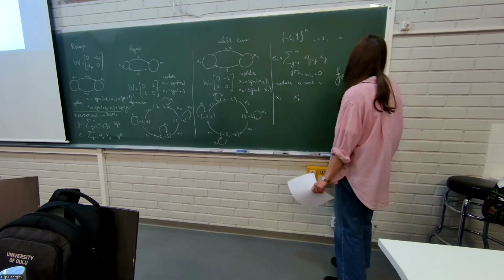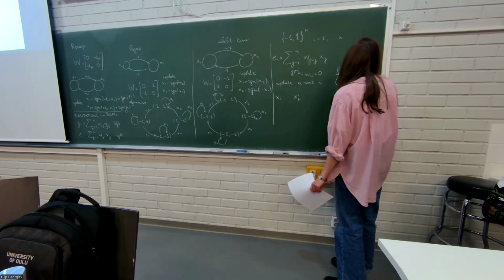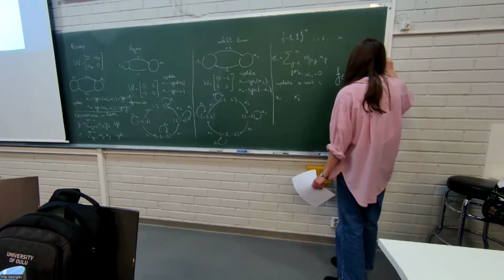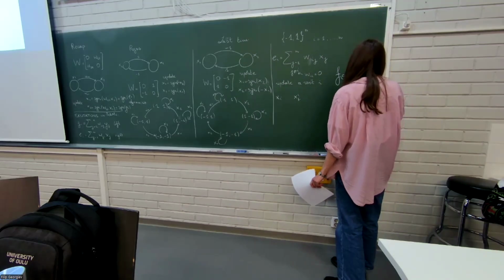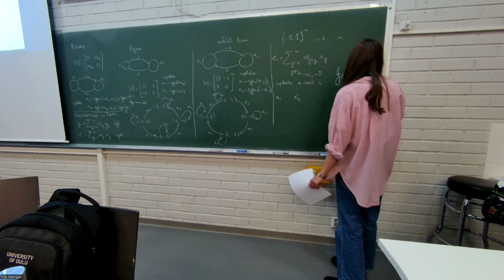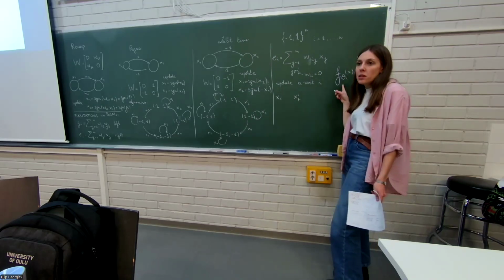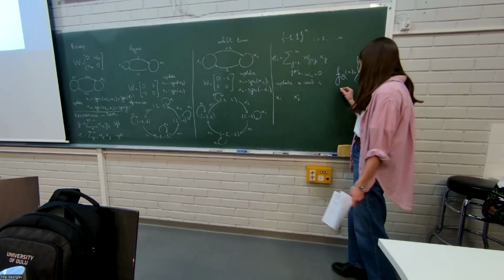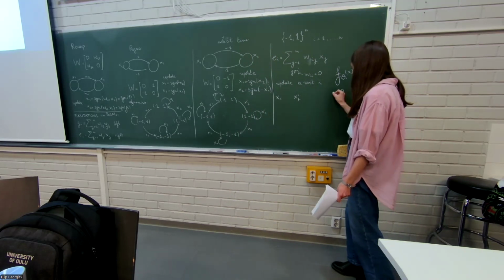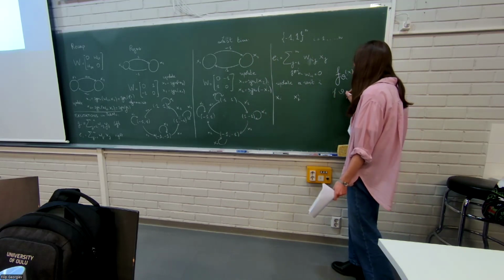So this is equal to 1 if x is greater than or equal to the threshold, and -1 otherwise. If theta_i is equal to 0, this is the sign function.